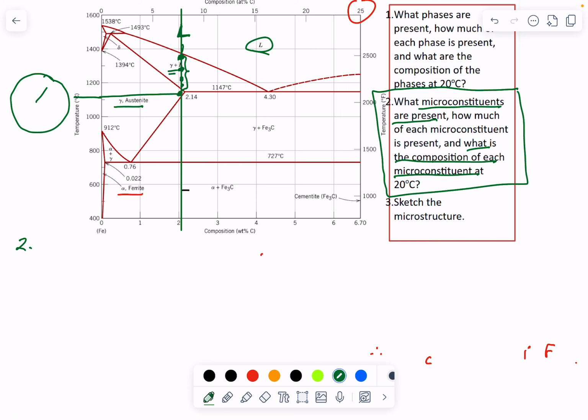And so what we basically have are large grains of gamma at that temperature, which is about 1120 degrees C. That's what our microstructure looks like. It's all gamma, large grains of gamma, because it had a temperature range over which those large grains could form. This is an important thing for us to know because it helps us answer what happens next.